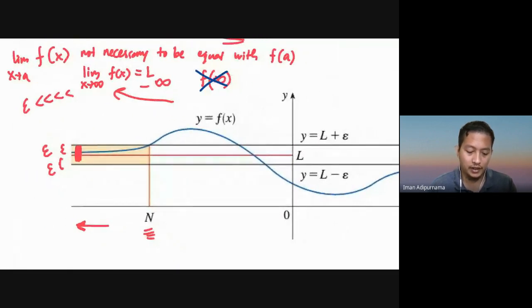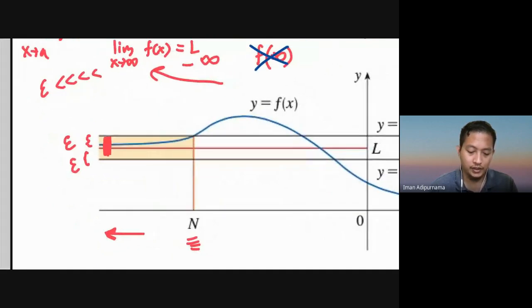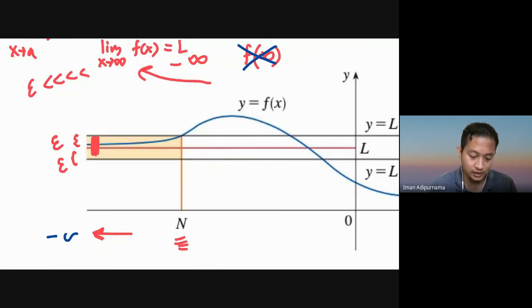But we can look at the graph when we have infinity, or in this case negative infinity. We will have some value L here.